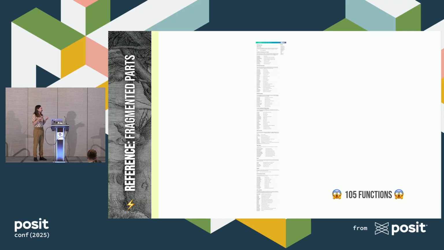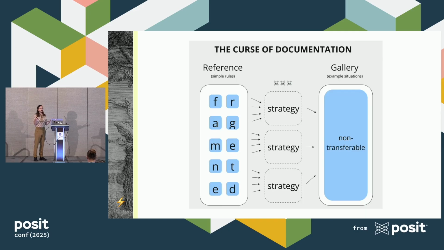So you've got this neat example, and you've got 105 functions, and I think at this point you're a little bit cursed. You have a really nice example in your hand. You have 105 tiny things, but what you're missing is these middle-sized chunks, the strategies to be able to break down examples into the tiny pieces and know how to remix things for your problems. And that's exactly what a user guide does.